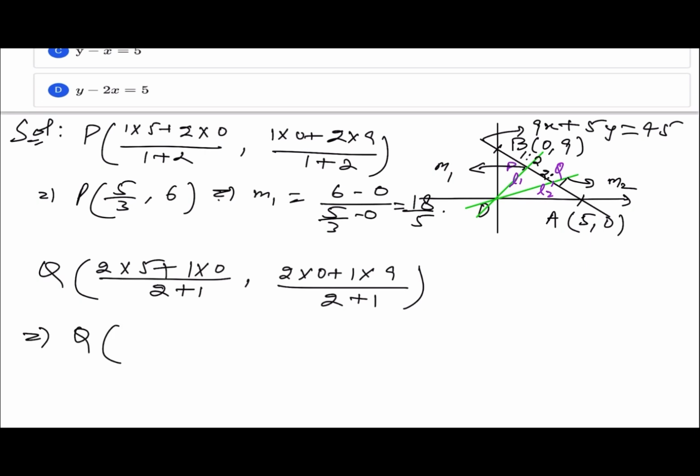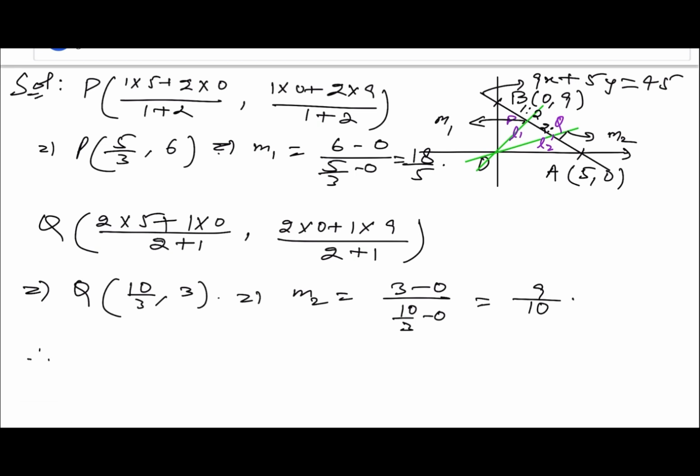So Q is 10 by 3 comma 3. So M2 is 3 minus 0 upon 10 by 3 minus 0, which means 9 by 10.